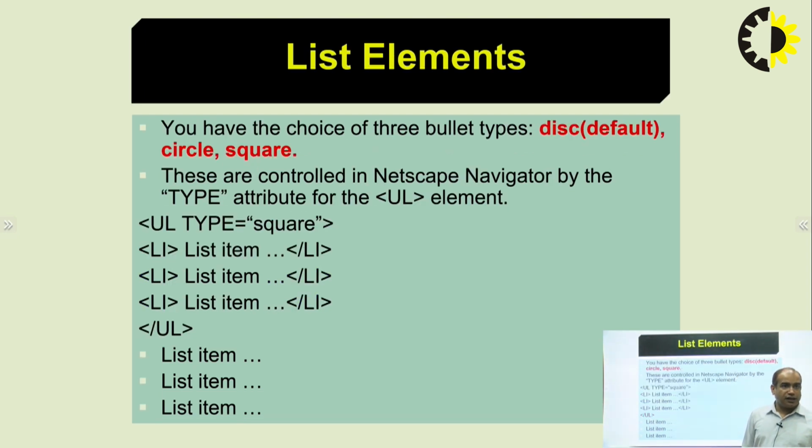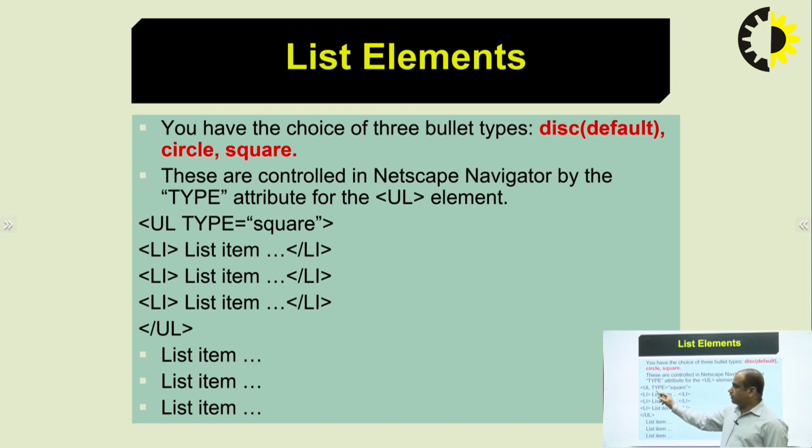Next, if I want to change the mark to another kind of marking, note that disk is the default type of list. If I want to represent the list by a hollow circle or by a square, I can change it with the attribute named type that is given in the unordered list.